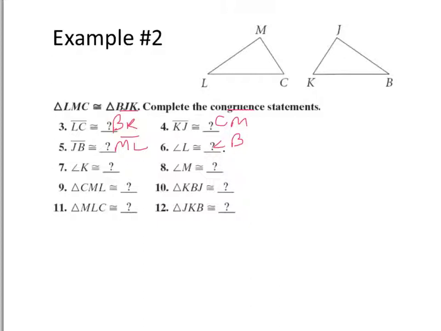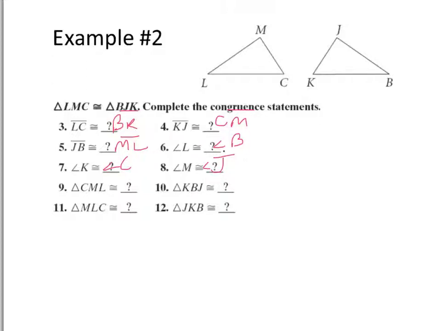So the third angle in the first triangle is angle C. So angle K is congruent to angle C. Number 8 asks for angle M, which is the second position in the first triangle. So the second position in the second triangle would be J. So angle M is congruent to angle J.